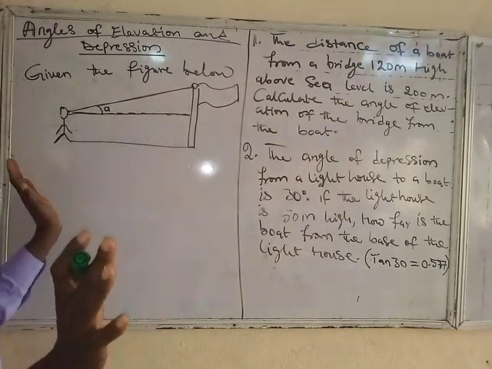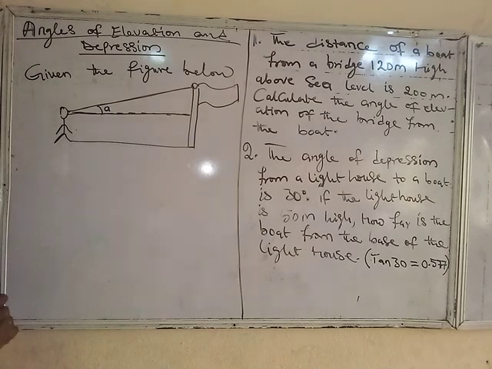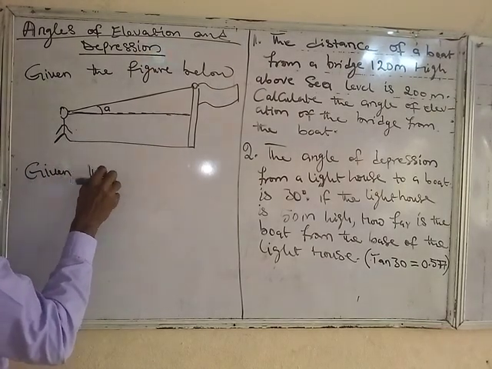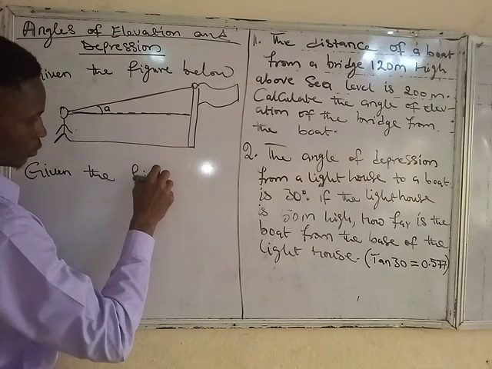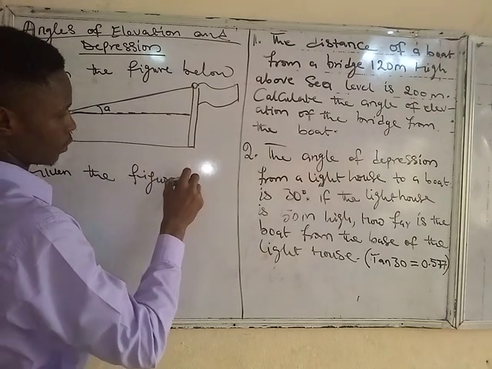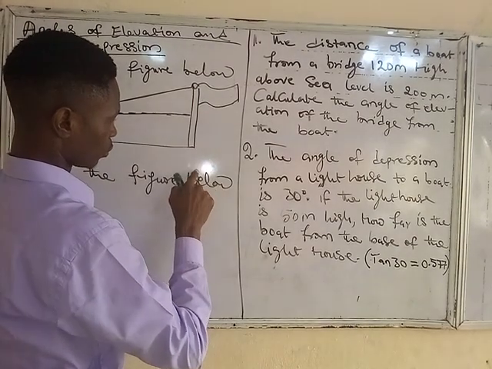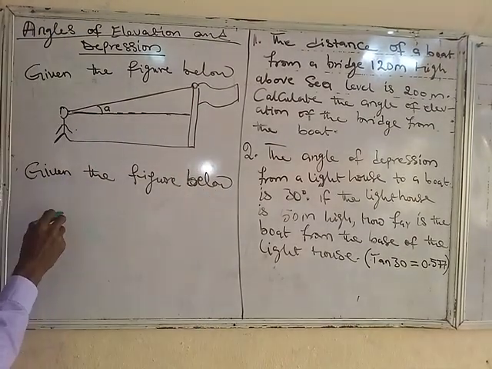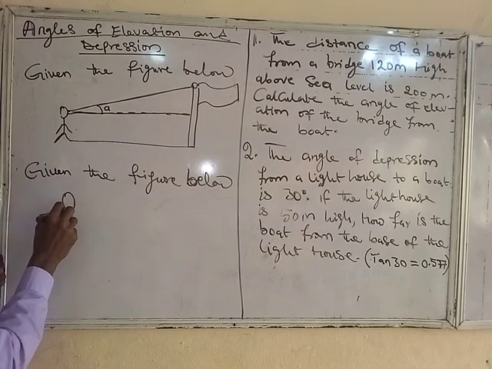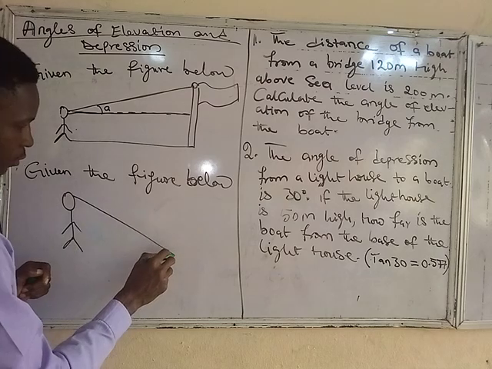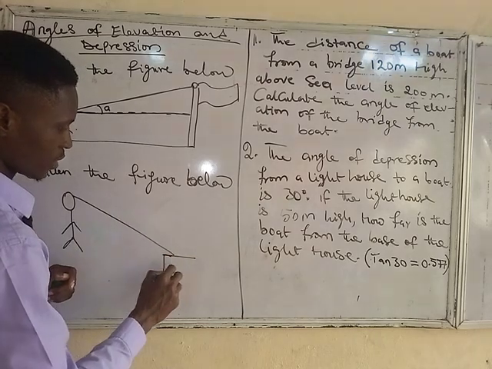So that's just it. Now, when we want to explain angle of depression, let me draw downward. We say, given the figure below, let's say this, so let's assume this is a car.